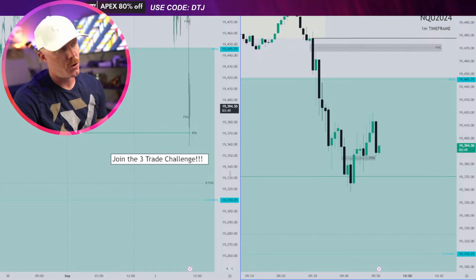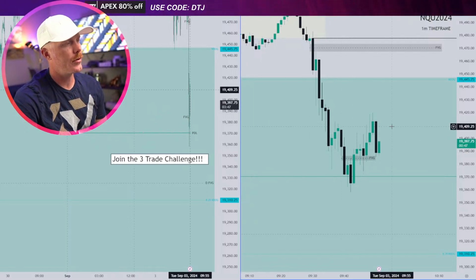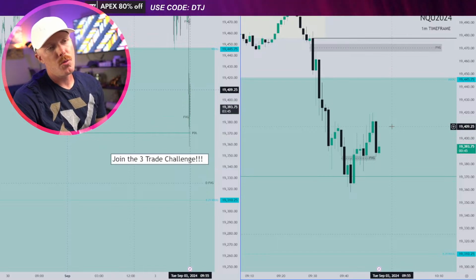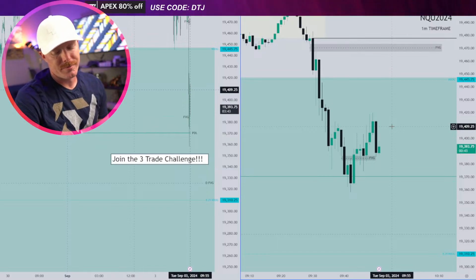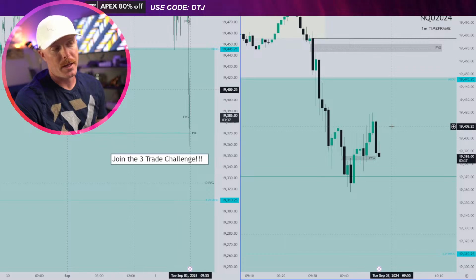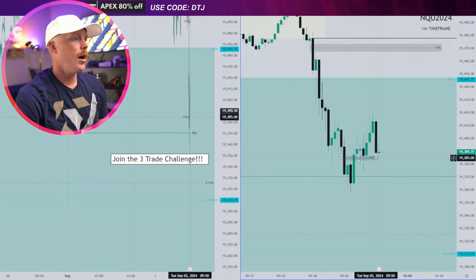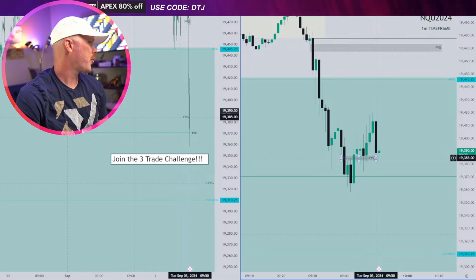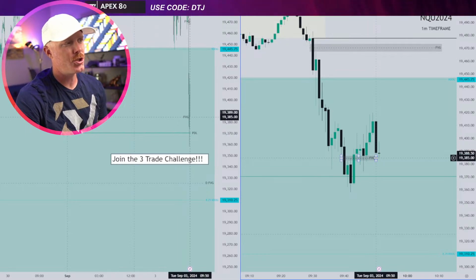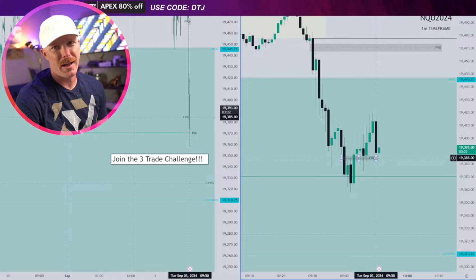I'm back up to 3 accounts right now. I only do one at a time. I don't do what some of these other guys do, where they try to copy 20 eval accounts. I'm not there yet in my personal journey. I'm back up to 3 funded accounts right now. I got 2 that are just about to be above the threshold for payouts. I got about $500 to go.